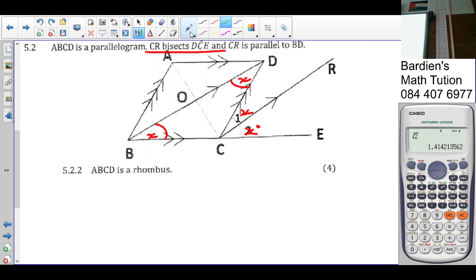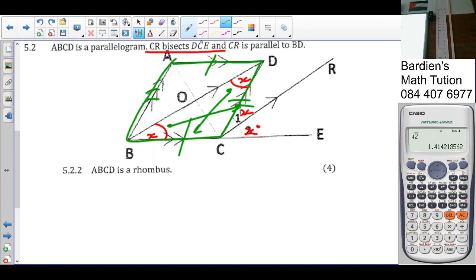So I'm going to go with the fact that the sides are equal. Remember, this is a parallelogram given to you. So already at this point those lengths are equal. However, since these angles are equal here, those sides must also be equal.